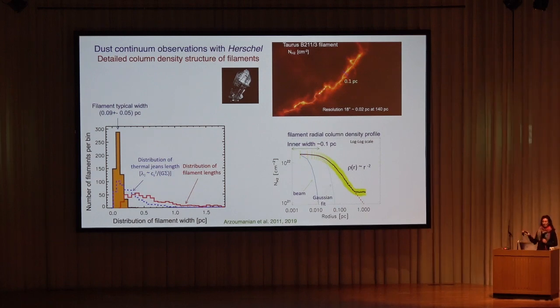So if there is a slight tendency of having broader widths for larger filaments, maybe that's an interesting aspect, and we have to understand if that's really the case. But on such a plot, we can see that there is a difference between the distribution of length of the filaments and the distribution of the widths.